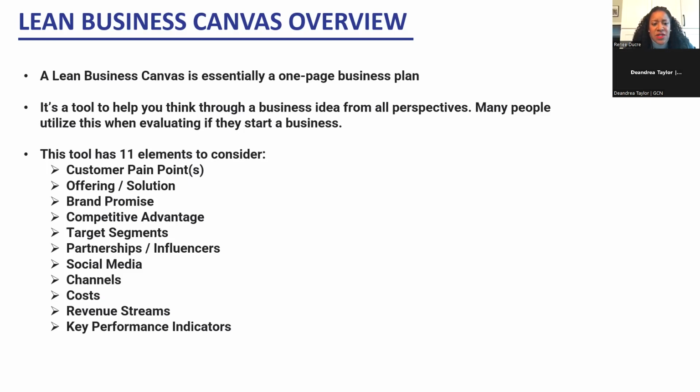You look at your customer pain points, the offerings, services and solutions that you provide, your brand promise. Look at the competitive landscape. What's your competitive advantage? What are your target segments? Everything is about partnerships and influencers these days, right? So have you given thought to any partnerships or some of the key influencers?